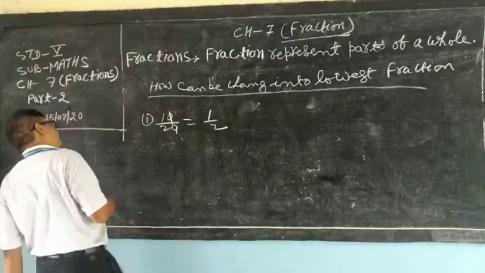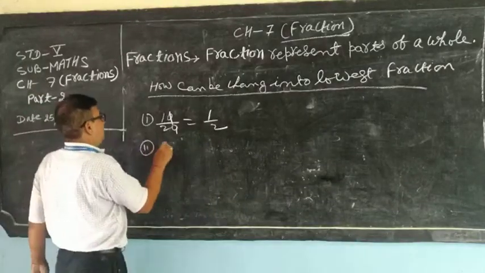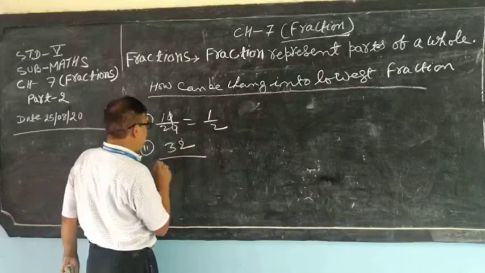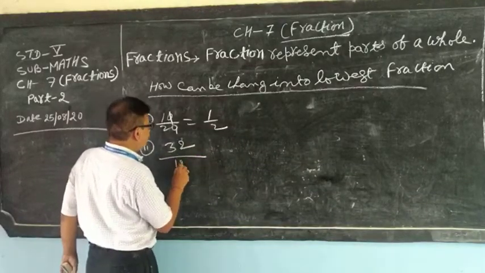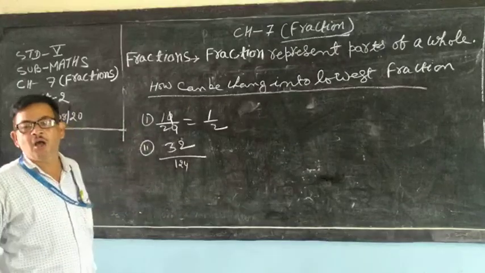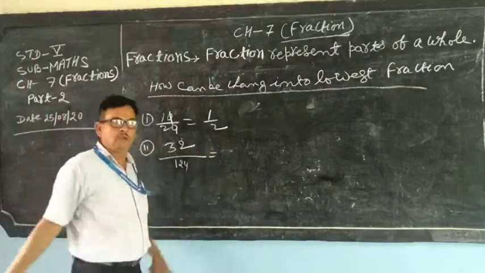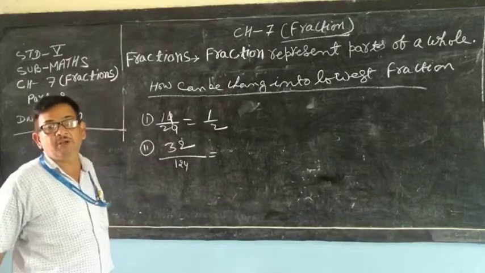Now second, 32 by 124. My dear student, how can you change it? Please listen. First, both numbers are divisible by 2.